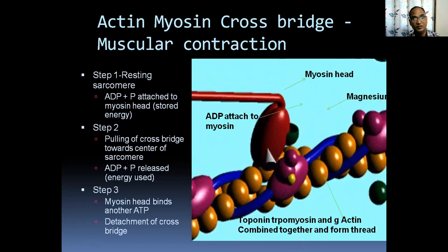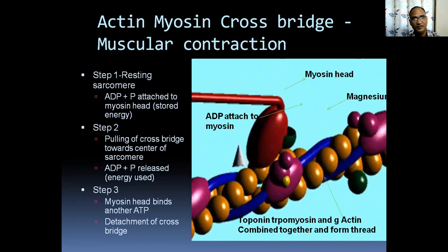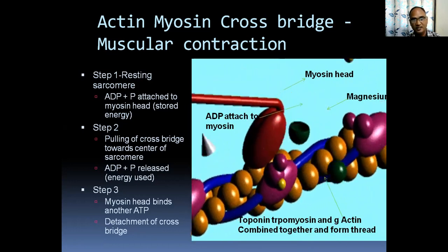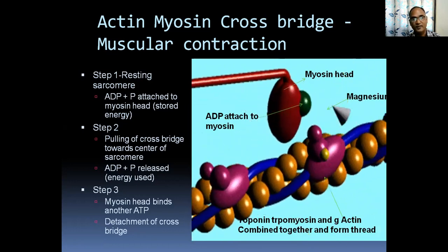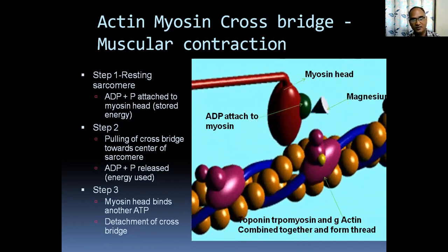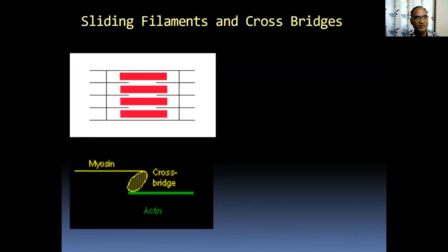The myosin head won't touch any other portion of the thread. The actin thread has three proteins: two of one kind and another of a different protein. During muscular contraction, these proteins work.